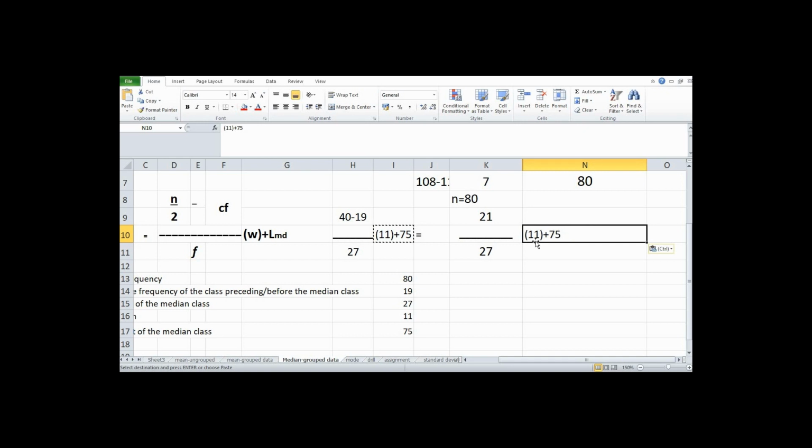And we have to copy and paste 11 plus 75.